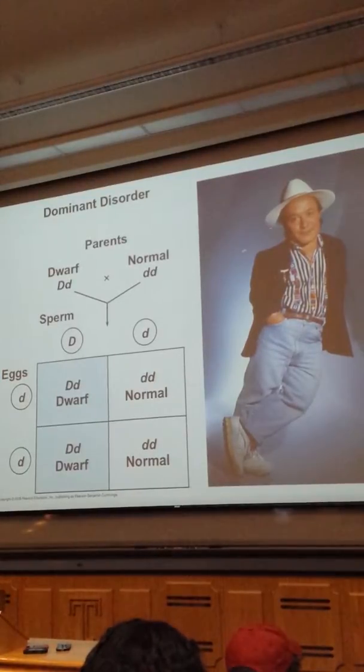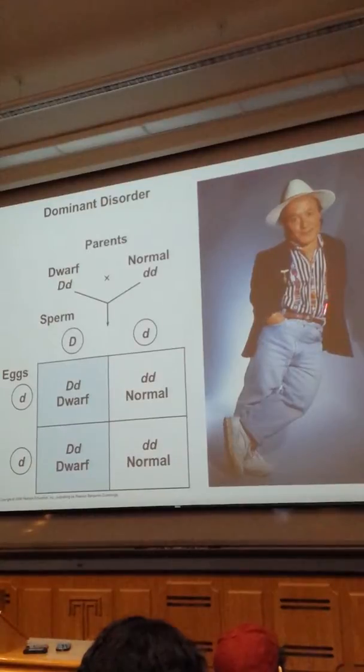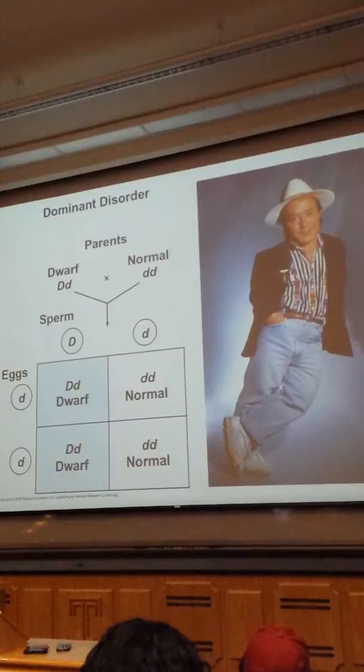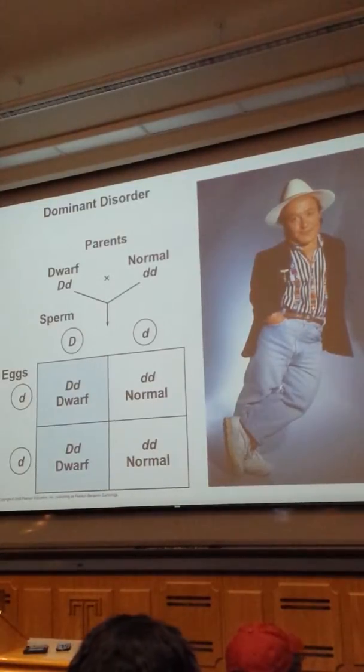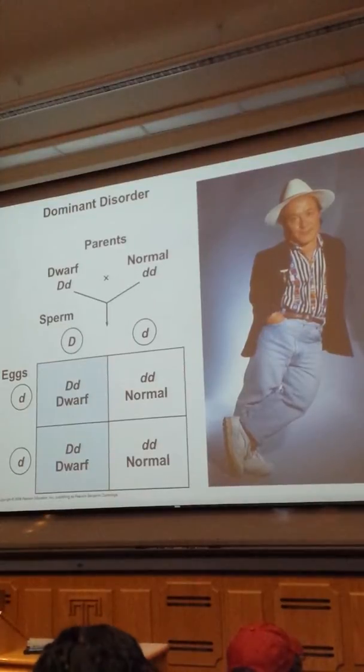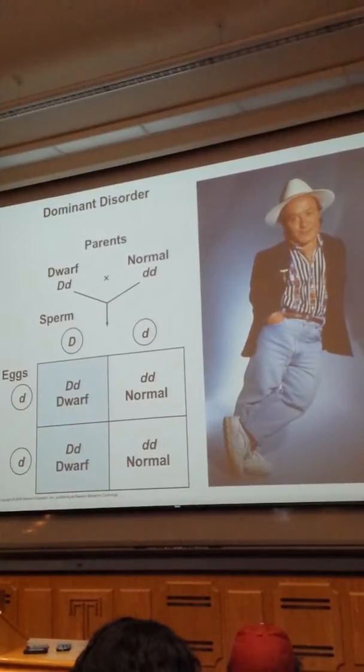His was mutant, it was too active, and his cartilaginous long bones turned to hard bones early in his development, and so consequently, he's only about 3 feet tall. That's the basis of what we call achondroplastic dwarfism, spelled achondroplastic. Okay?